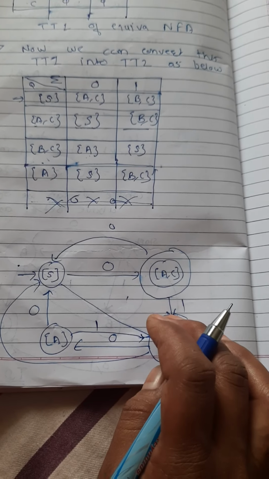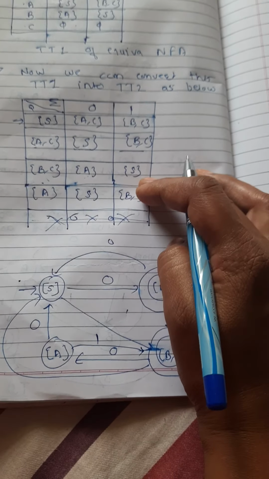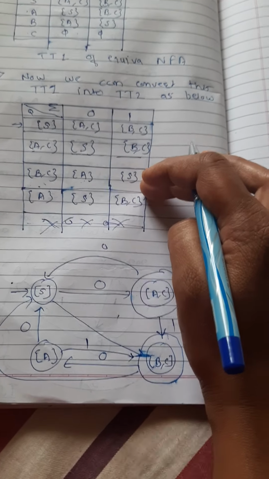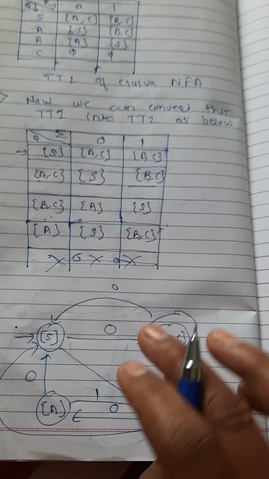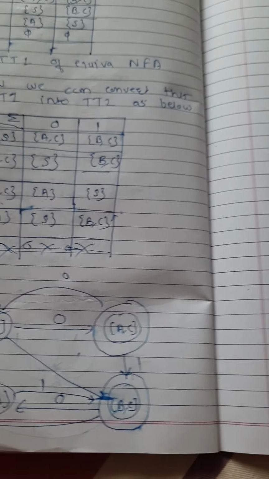So this is the transition diagram obtained from transition table 2, and this table is constructed from transition table 1. So this is the final equivalent DFA.